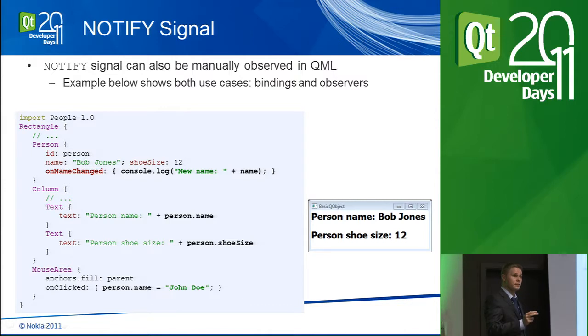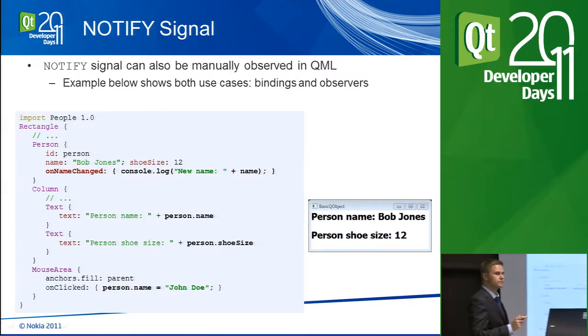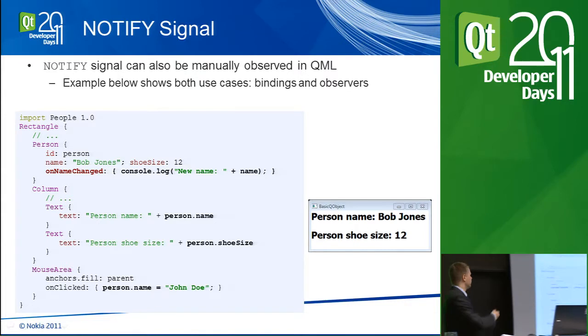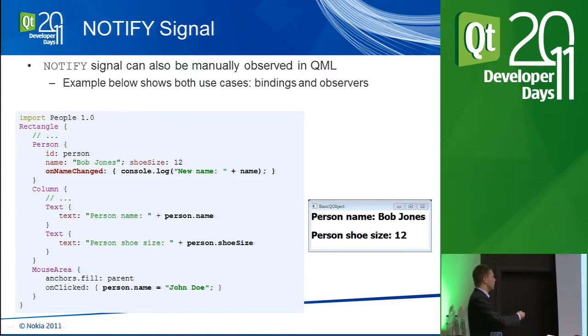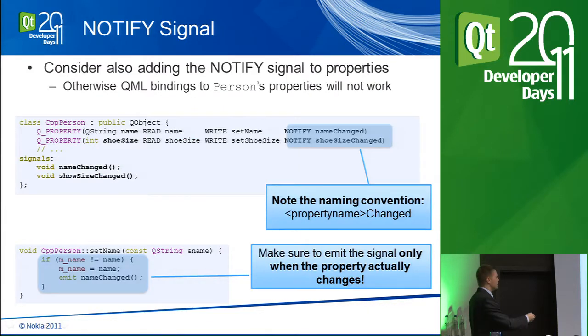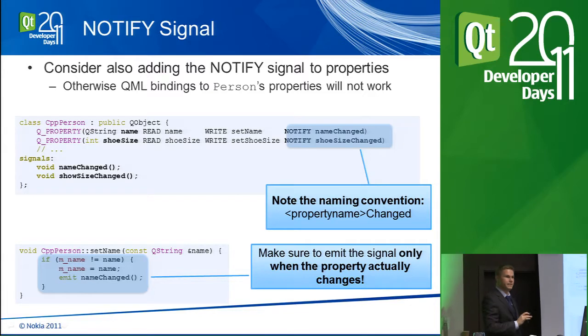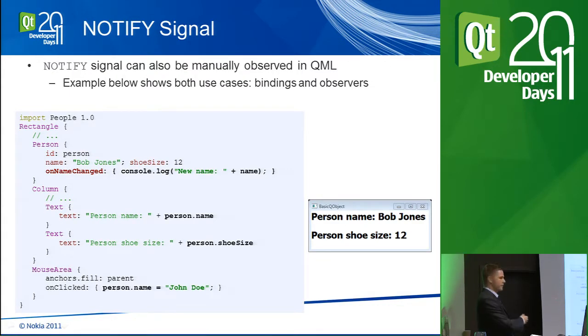A question: nameChanged with a capital N in QML and with a lowercase n in C++. The question was, is it correct to have capital N on this slide, even though we had lowercase n on this side? Yes, this is correct.